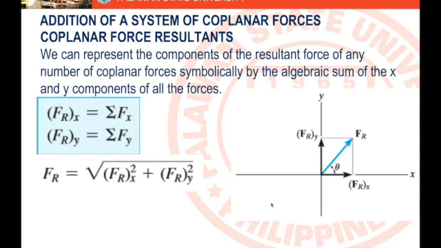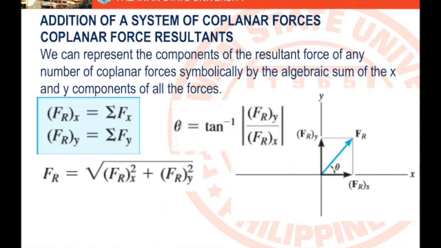So tangent of the angle is equal to the opposite over the adjacent. So we can solve for theta by getting the arctangent of opposite over adjacent. That would be y over x. So force resultant in y over force resultant in x, the absolute value of that.